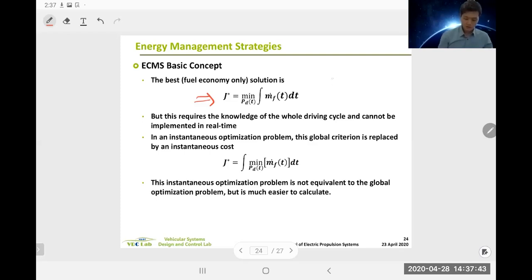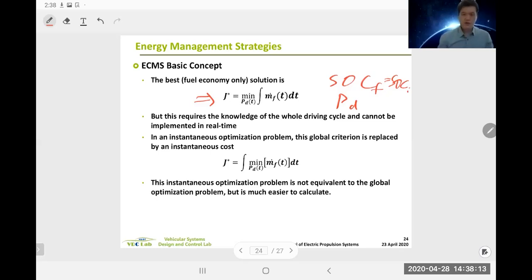But then there are also SOC constraints, right? And then the power demand constraint, meaning that the vehicle has to provide the power the driver requested. And the final SOC must be equal to the initial SOC, so charge sustenance.